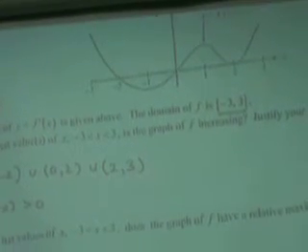Okay, where are our inflection points? Krista? -1, 1, and 2. Sure. What's special about the critical point at 2? I'm sorry, what's special about the point of inflection at 2? What?